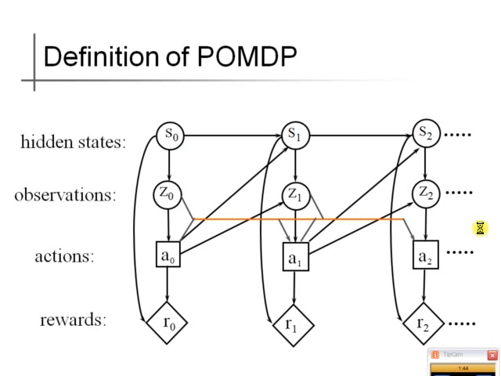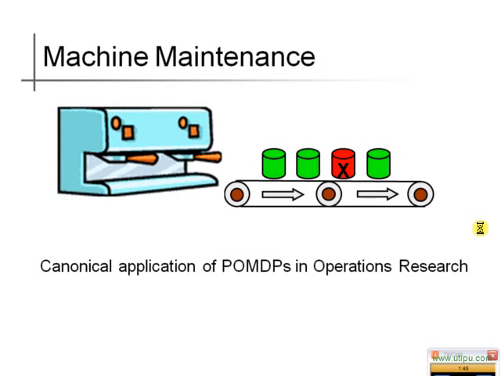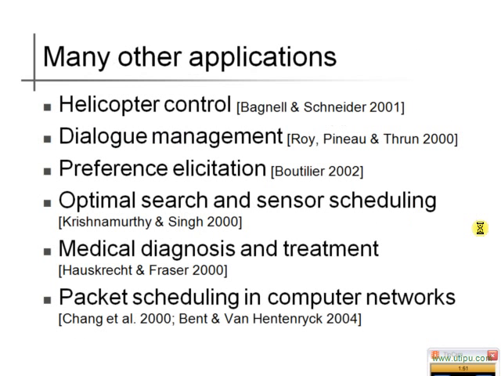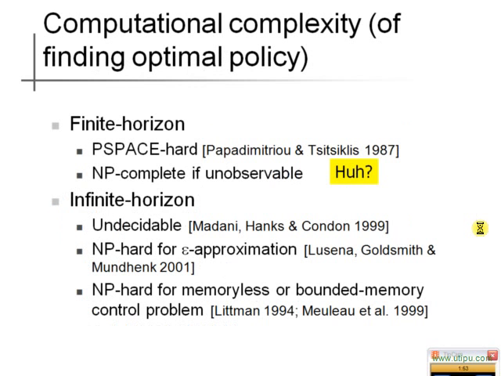And before we go forward, it is useful to look at the computational complexity. As I mentioned, it's a terribly computationally hard problem. In particular, just as for MDPs, for POMDPs too, you can talk about finite horizon or infinite horizon cases. So let's talk first about finite horizon.